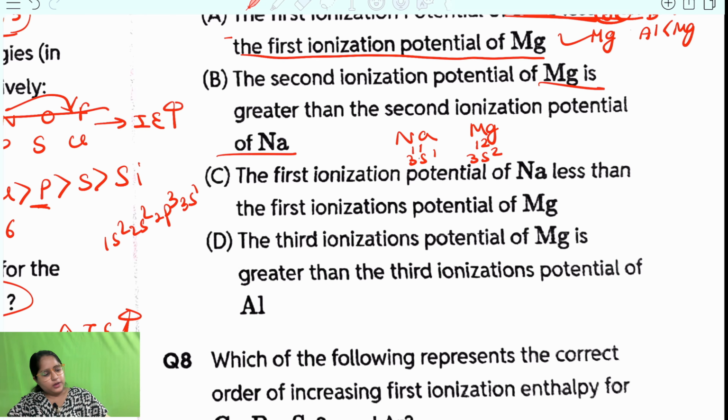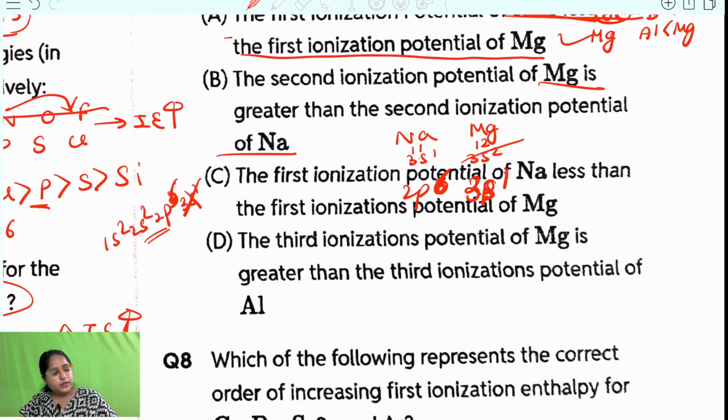If you remove one electron, then after 3s1, what will sodium become? 1s2, 2s2, 2p6.